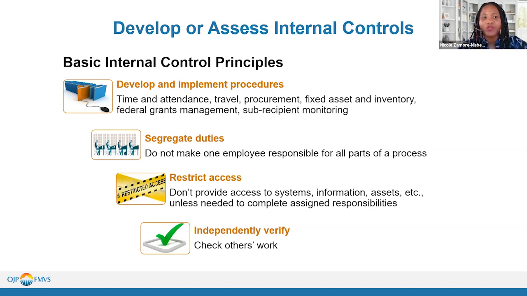For segregation of duties, as mentioned before, we understand that some organizations are small and they don't have the capacity to have someone individually assigned to every level of your purchasing or different parts of your organization. However, you need to make sure that your organization is set up where people can cross-check and no one individual has control of a transaction from the start to the end.